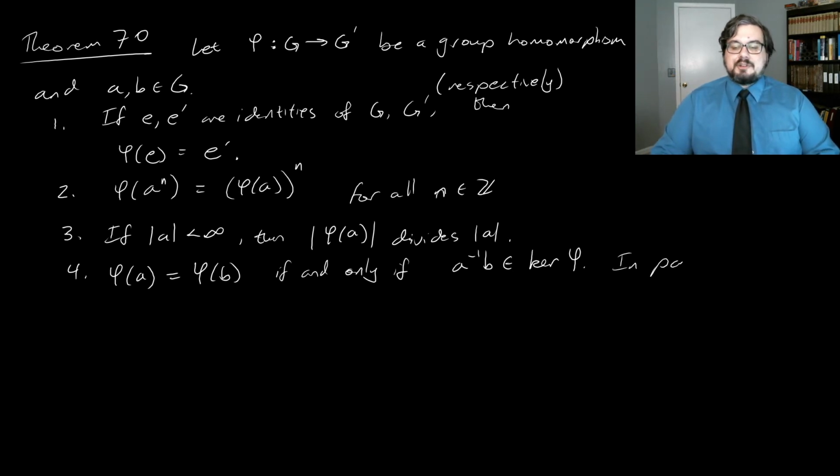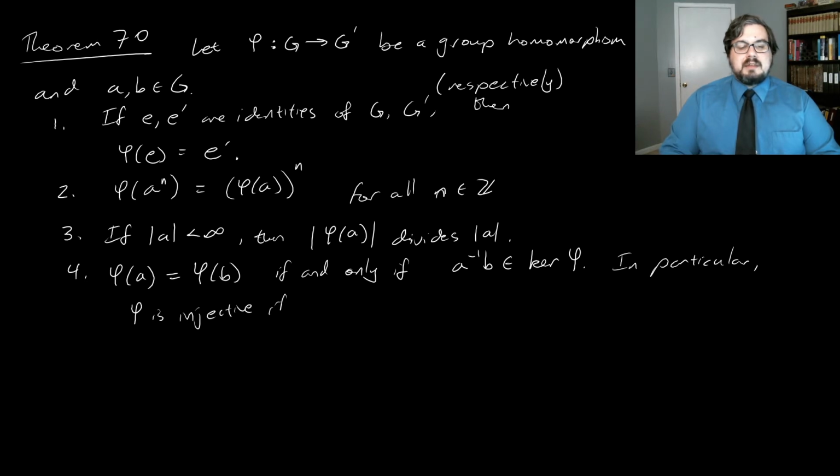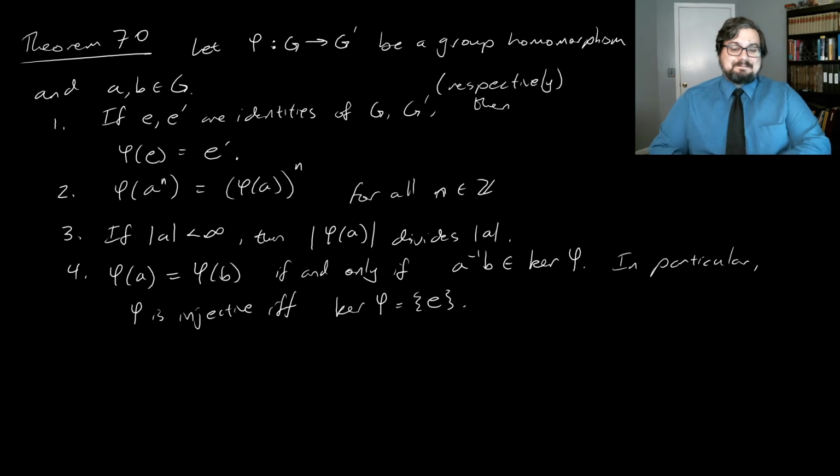In particular, this means that phi is injective if and only if the kernel of phi is equal to just the identity.